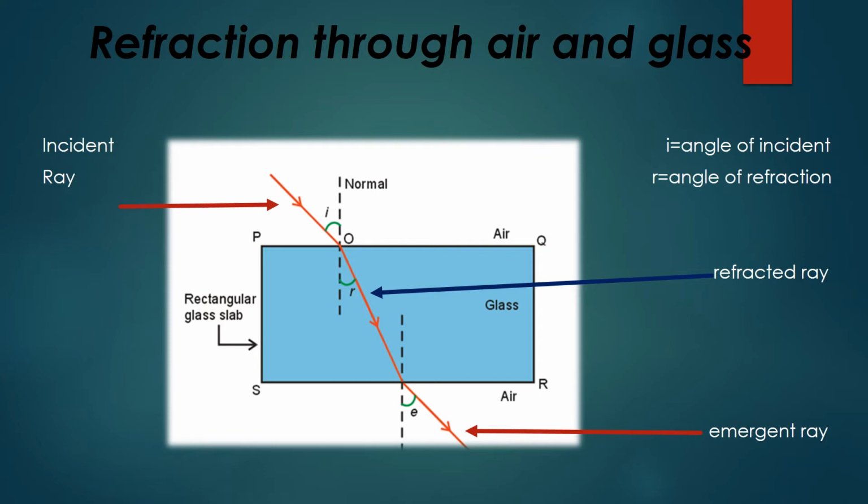Yes, then we can see there is a refracted ray. What is angle of refraction? Very good. Here, angle of refraction is the angle between the normal and the refracted ray.